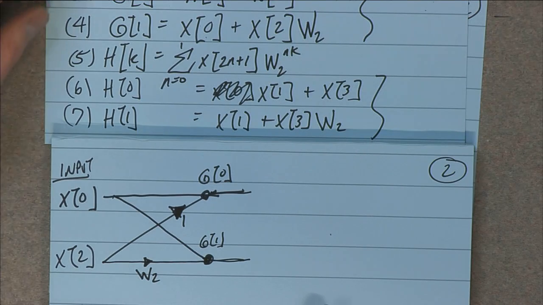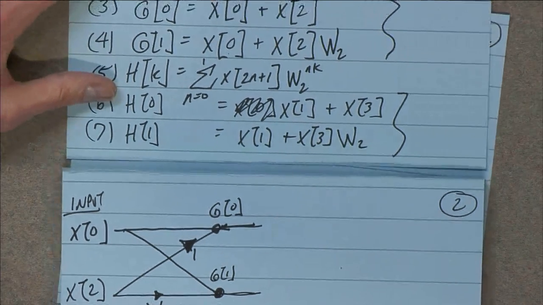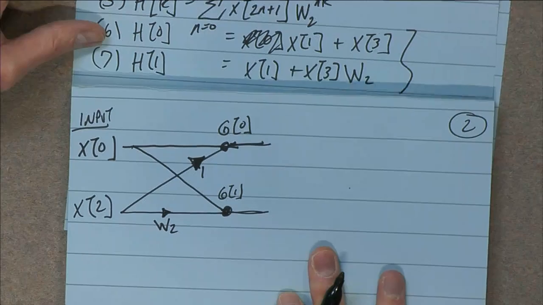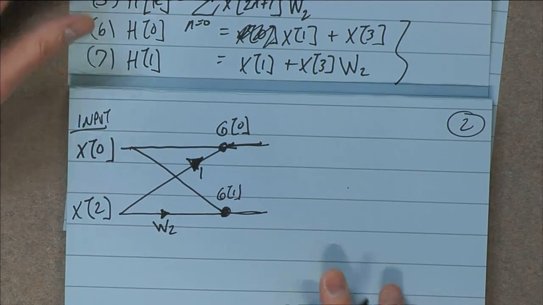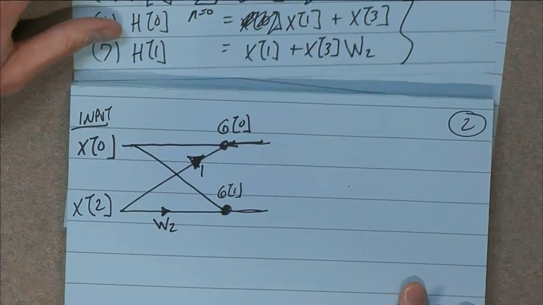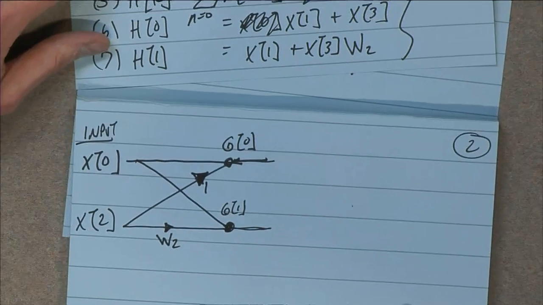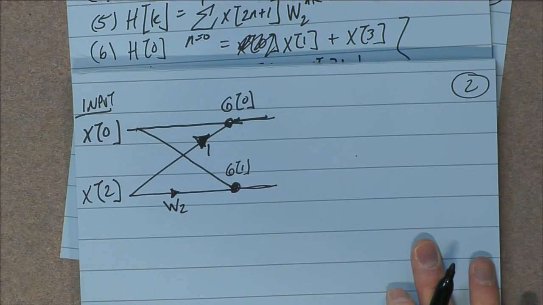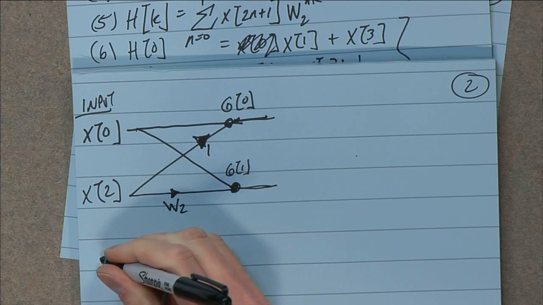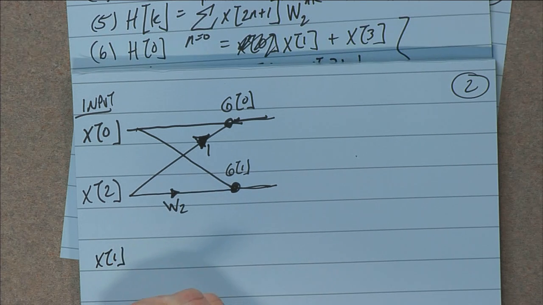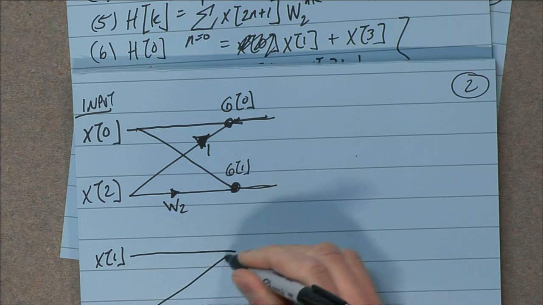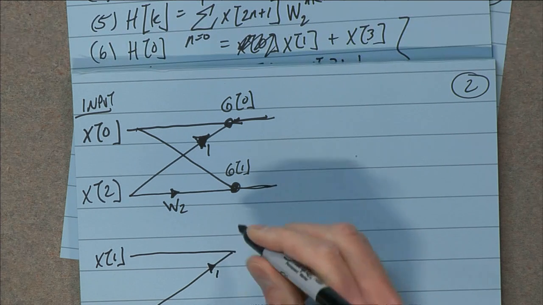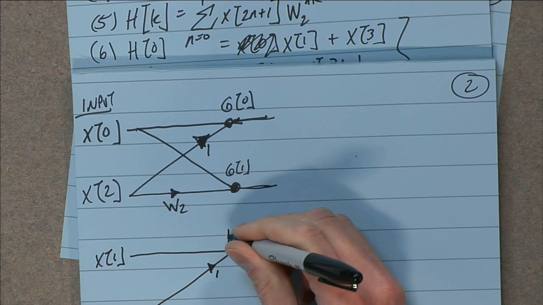Now we've also got X1 and X3, and those should be down here at H0, so we can shift everything up and work on equations 6 and 7 now. Let's work with equation 6, see if we can get it all on the page. So I want to add X1 and X3 together, just like I did for these two. And this should be H0.